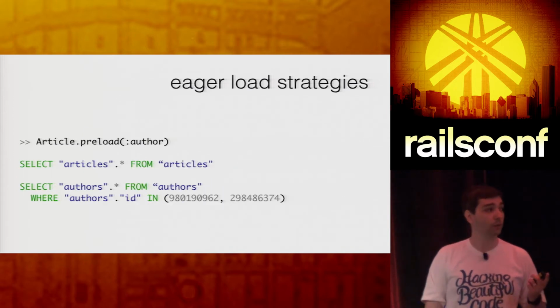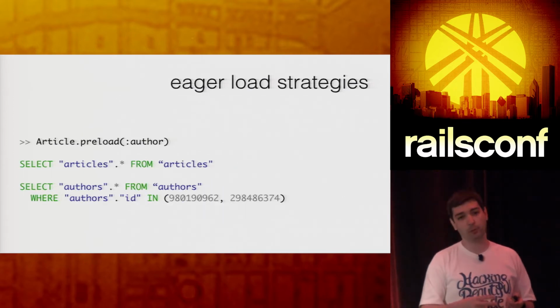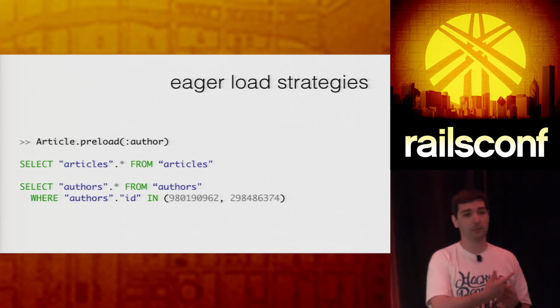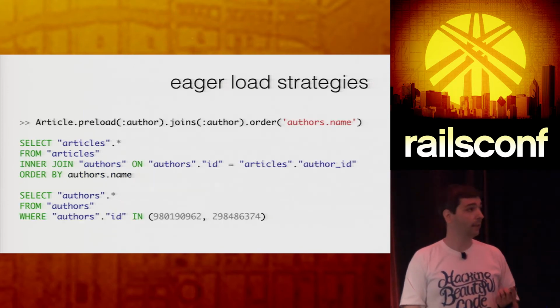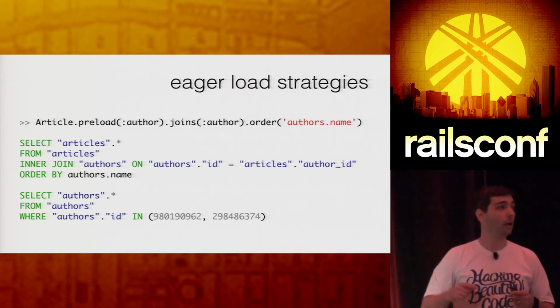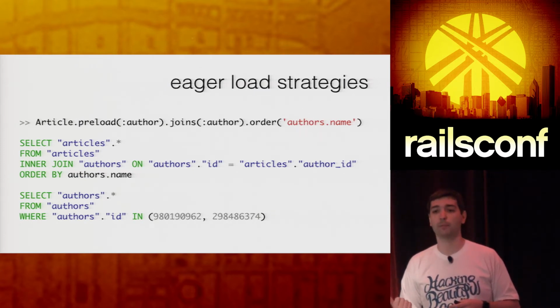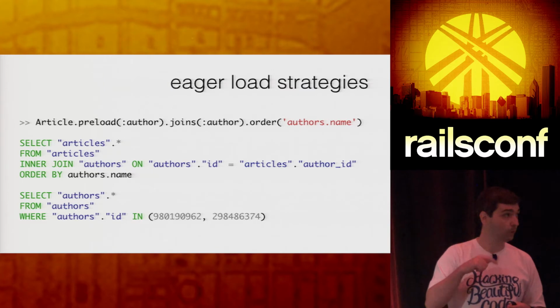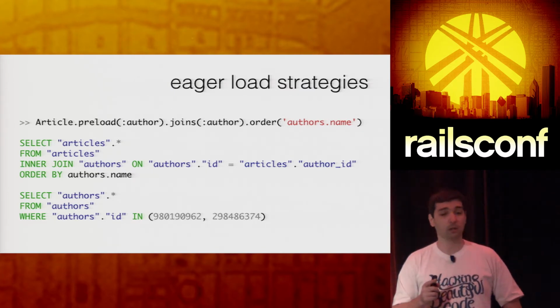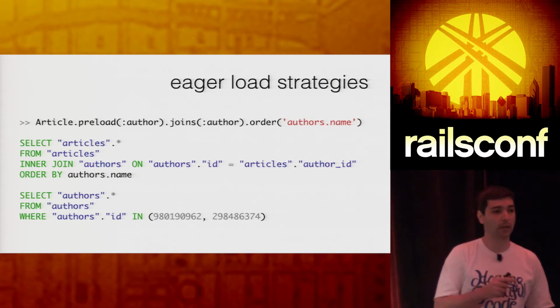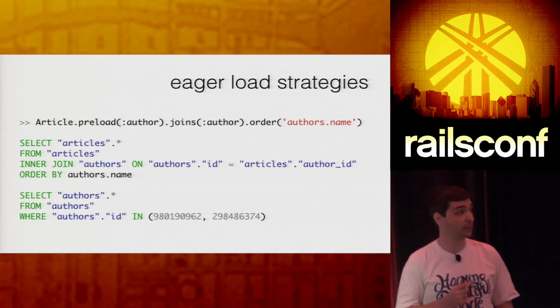But I can use preload, which will force Rails to use two separate queries, which in this case is the same as includes. But the nice thing about preload is that I can use preload and also order by the author's name. So I'm doing a join to order the articles, but I'm not loading the authors together with that in the same SQL query.